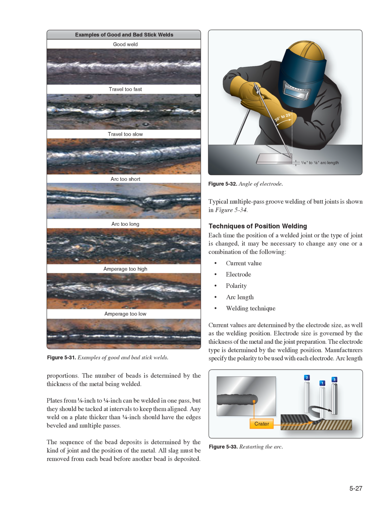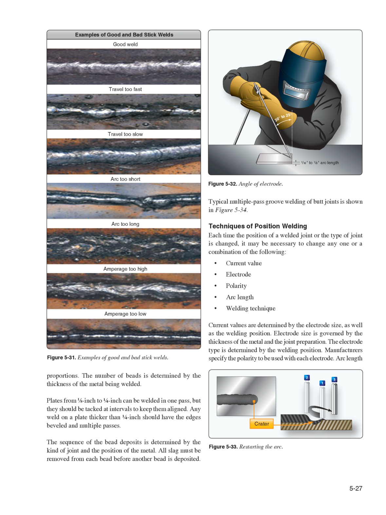Techniques of position welding. Each time the position of a welded joint or the type of joint is changed, it may be necessary to change any one or a combination of the following: current value, electrode, polarity, arc length. Welding current values are determined by the electrode size, as well as the welding position. Electrode size is governed by the thickness of the metal and the joint preparation.